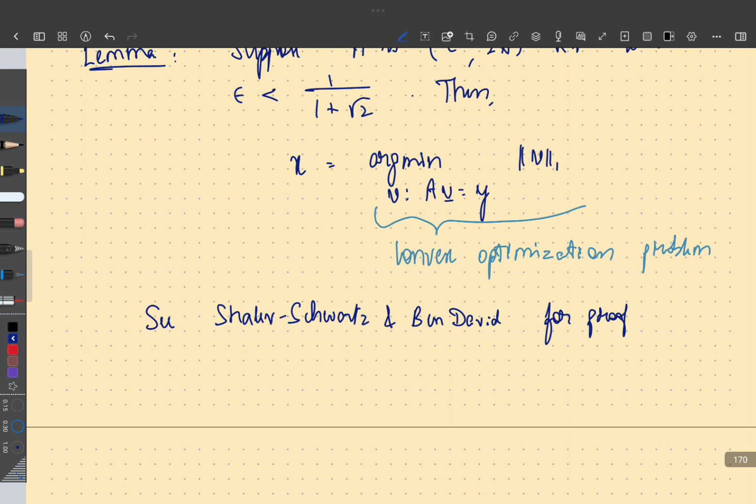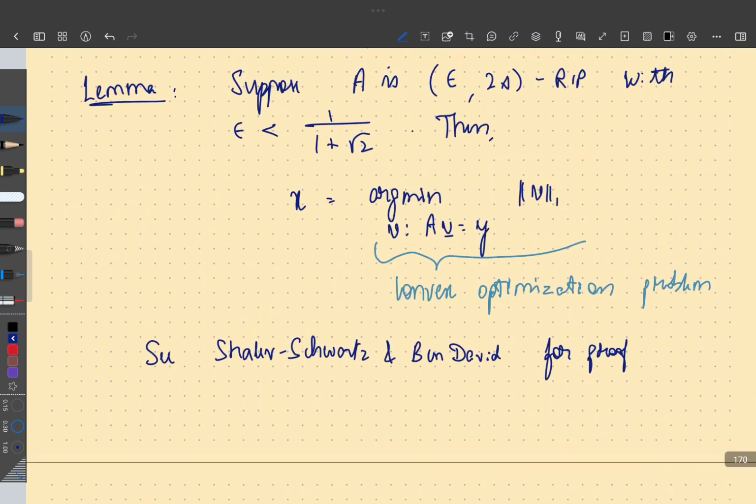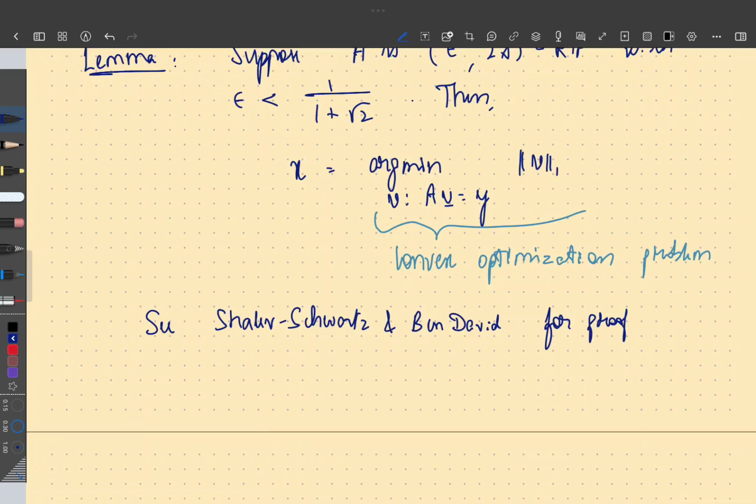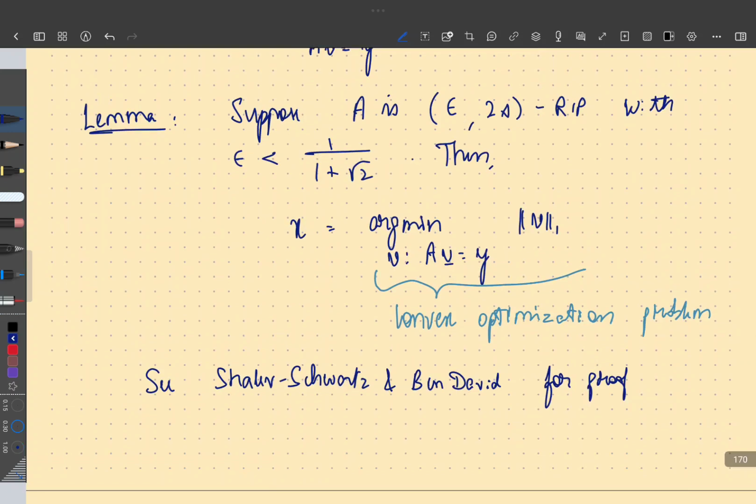It takes a couple of pages to prove this. All right. This is assuming that you're able to obtain an RIP matrix. So the question is, what is the smallest little d for which we can construct an epsilon 2s RIP matrix?